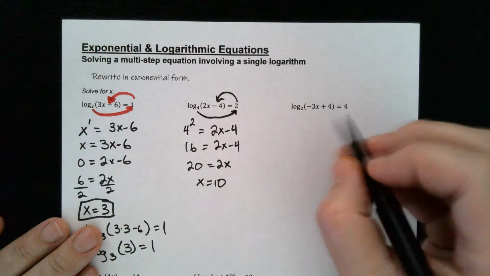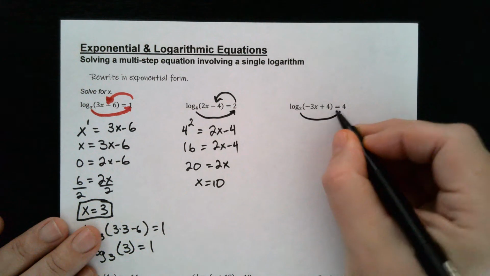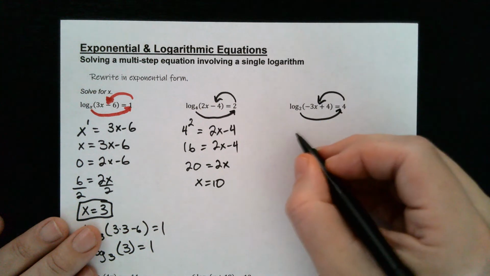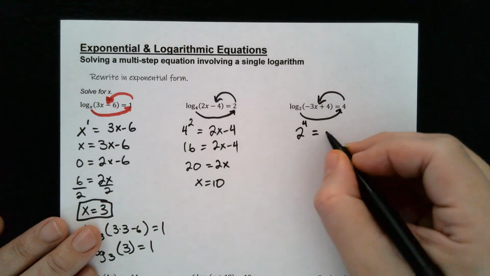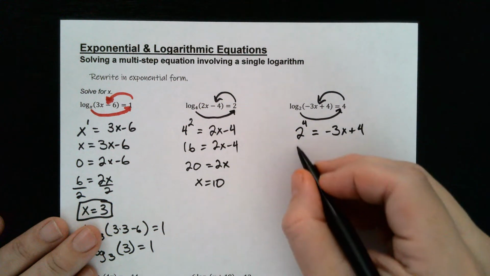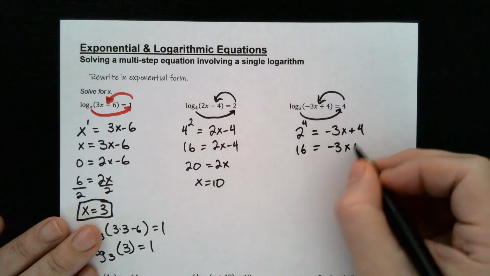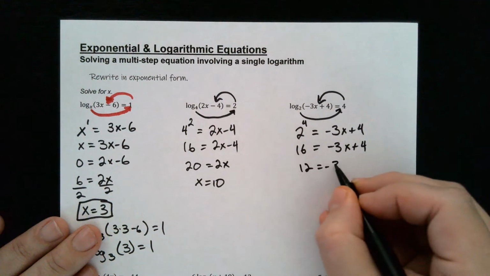All right, next one we have, 2 to the 4 equals that. So 2 to the 4 power equals negative 3x plus 4. So we have 16 equals negative 3x plus 4. Move the 4 over by subtraction, and we get 12 is equal to negative 3x.